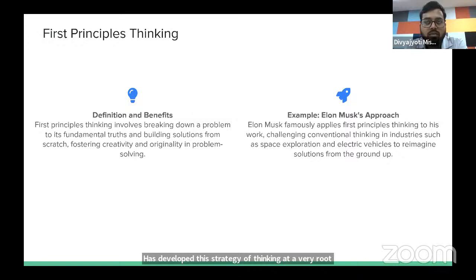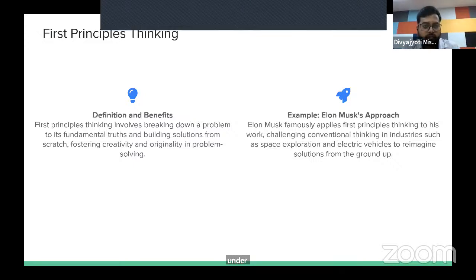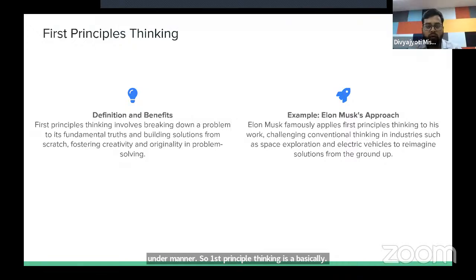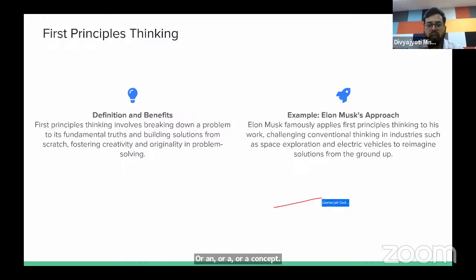Multiple researchers like Dr. Feynman, and even Elon Musk, use this principle of first principle thinking to understand a topic in a better or deeper manner. First principle thinking is basically a process of breaking down a problem or a concept in a very simplified manner so that you can understand what is happening behind it.